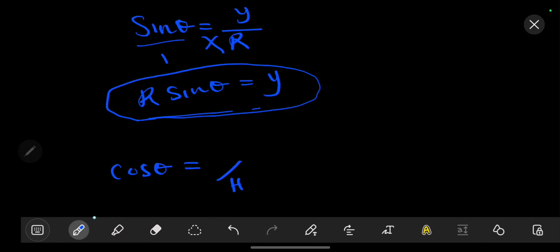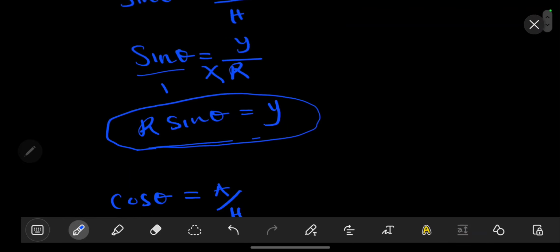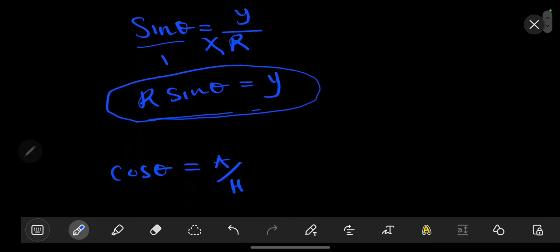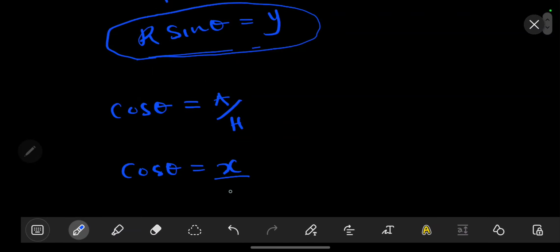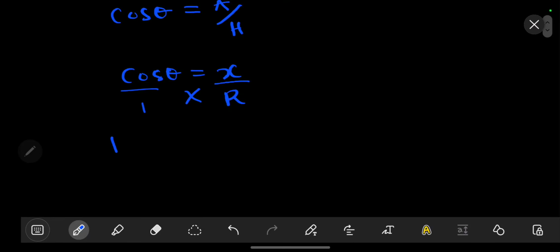Sorry, cos is adjacent. So the cosine of theta should be equal to our adjacent, which is our x in this case, the base with respect to this angle, over the hypotenuse, which is R. We also cross multiply, and we have R cosine of theta equal to x.